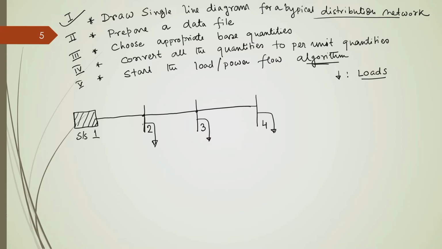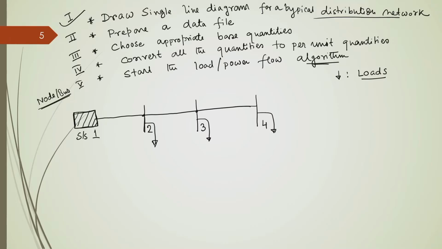Okay. So, this is a single feeder network, as you can understand. We have one substation located at node 1. In fact, in a distribution network, we use either the terminology node or bus, okay.